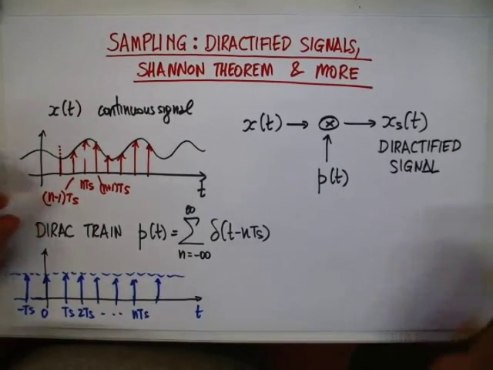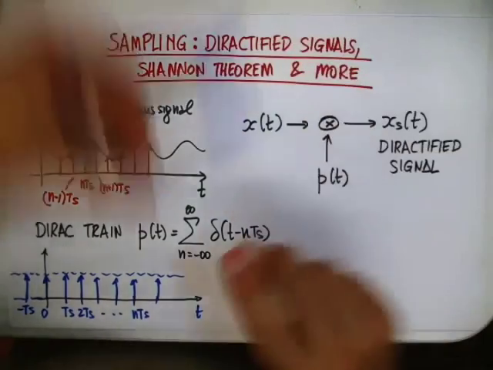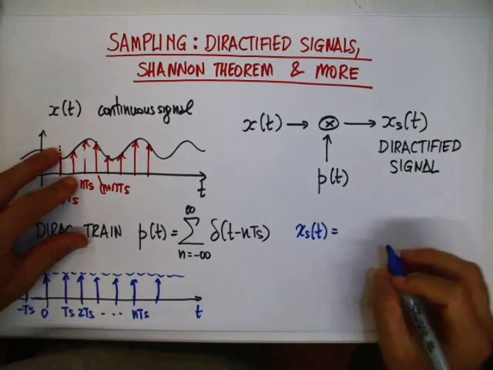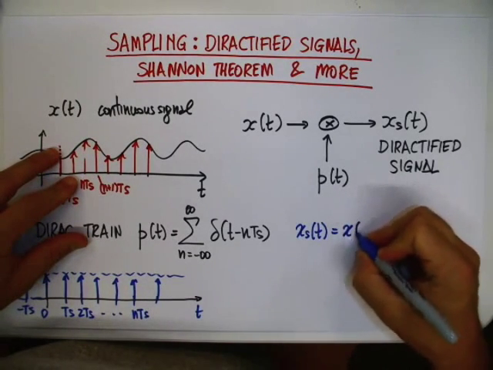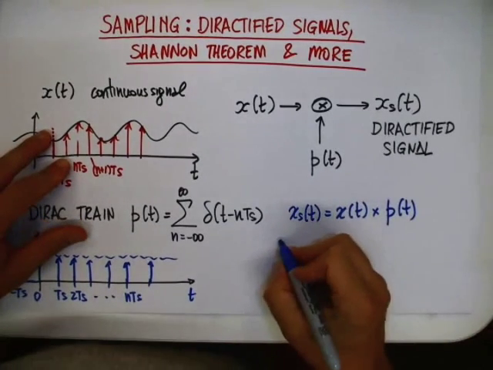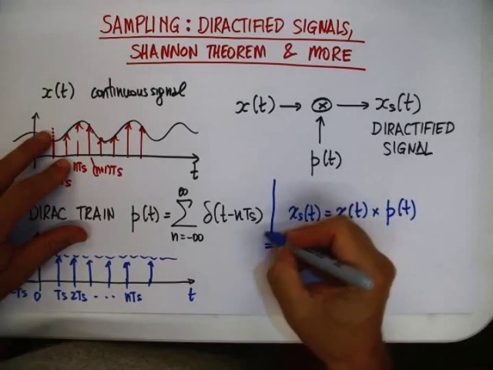Why? Because x sub s of t is equal to the original, the continuous signal, multiplied by p of t. But what is this equal to?